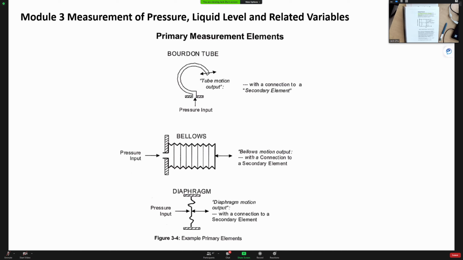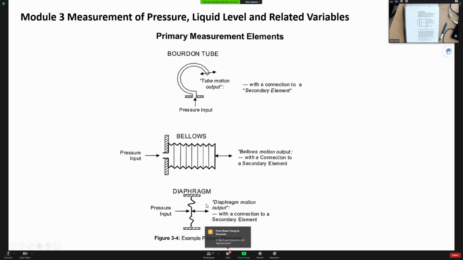What if I told you this page, these 3 diagrams, is very important to remember? You might have a picture on the question showing you maybe a Bourdon tube, or maybe a bellow, maybe a diaphragm.